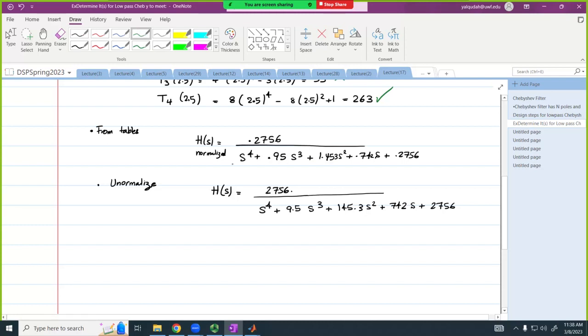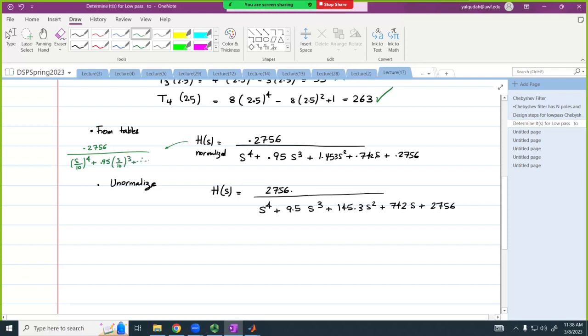So again, what we do here is we're going to take 0.2756 and divide it by s over 10 to the power of 4, plus 0.95 s over 10 to the power of 3, and so on.